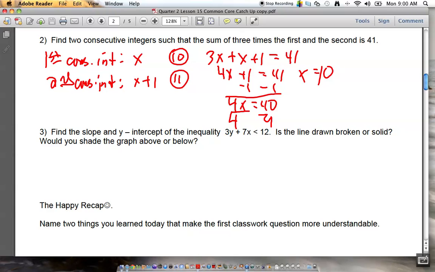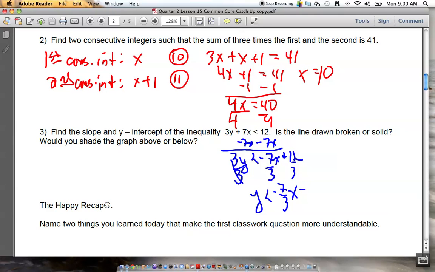Okay, find the slope and the y-intercept. Got to get y by itself. Minus 7x. 3y less than negative 7x plus 12. Divide by 3. y less than negative 7/3 x plus 4. Okay, what's the slope? Guys, what's the slope here? Negative 7/3.